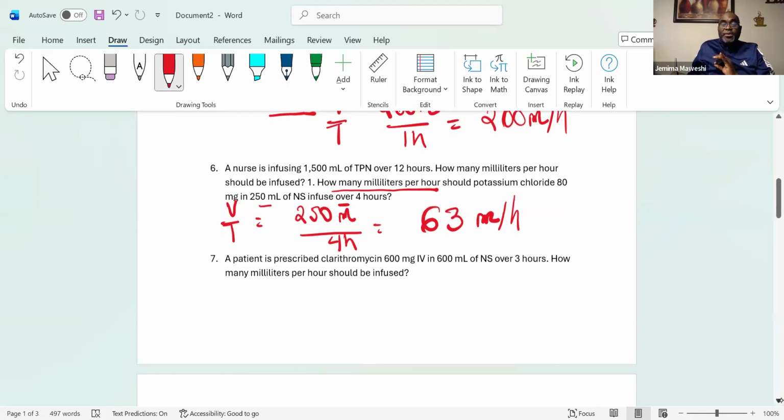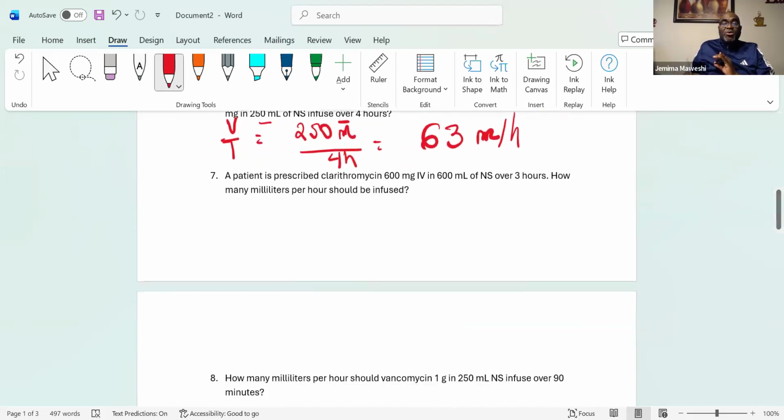So it becomes 63 milliliter per hour. All right, almost there. So we are at number 7. What are we looking for? Milliliter per hour. We are infusing clarithromycin 600 milligram in 600 milliliter over 3 hours. This is what? Distraction. So now we have a volume and we have the time.